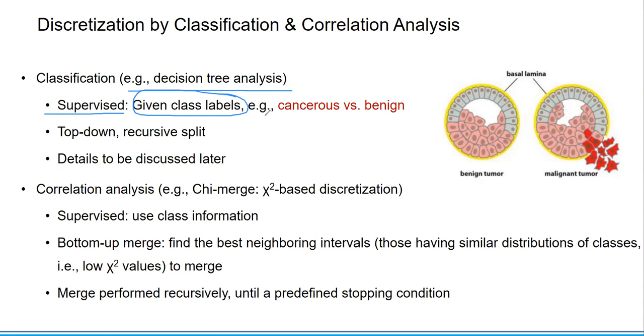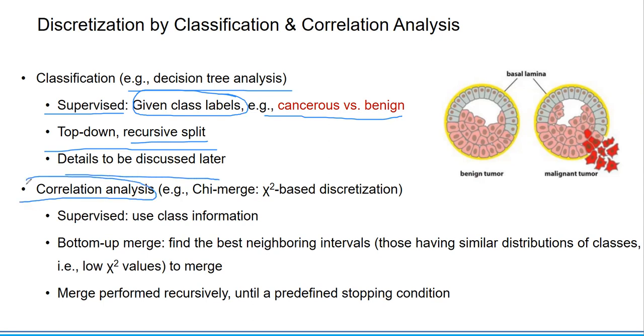For example, I have the data and I want to decide whether it is a cancer or not. So there's a kind of tumor, we call it benign tumor and malignant tumor. The classification, we call it a top-down approach, and it's a recursive split. We will learn more about this classification.